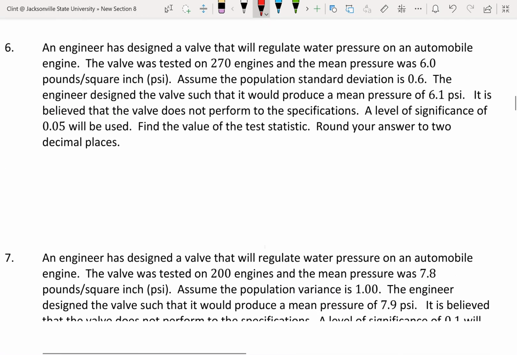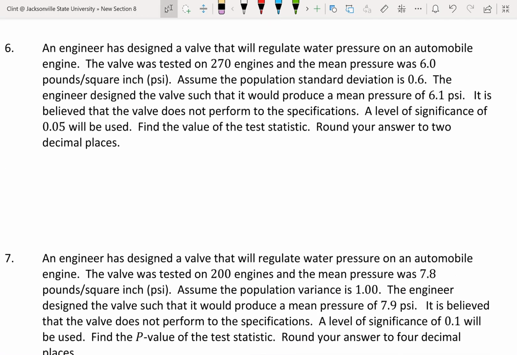Number 6, we got a little wordier here. If you skip down to the bottom, all we're looking for is the value of the test statistic on this one. We don't have to do the whole hypothesis test. So let's see, it says the valve was tested on 270 engines.